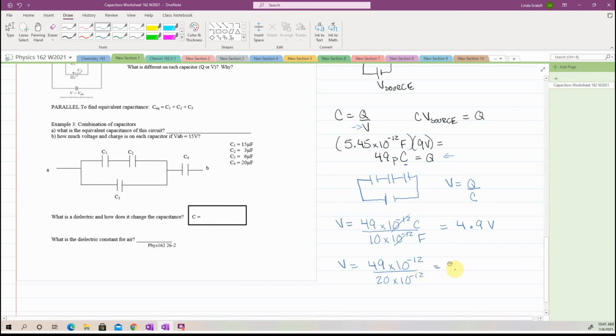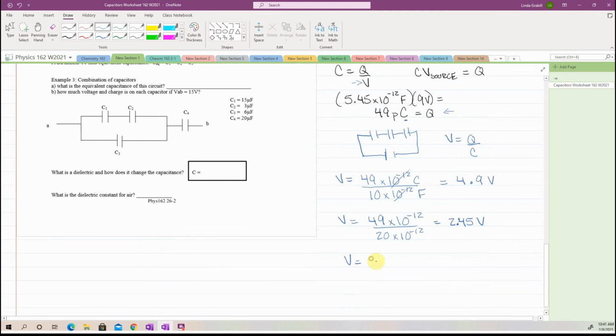So this is 2.45 volts. And then finally, our biggest capacitor is that 30 microfarads. So 49 times 10 to the negative 12 divided by 30 times 10 to the negative 12. It's going to be slightly larger than 1. So 49 divided by 30, 1.63.